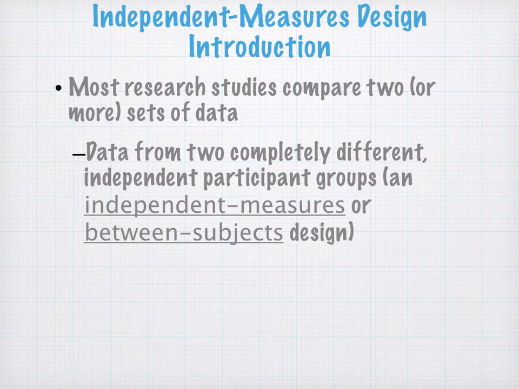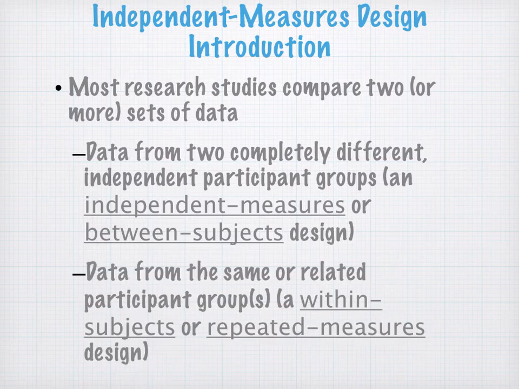Your experimental group and your control group are the perfect example, where they are two separate groups of individuals. So you may have 20 participants in your control group and a separate 20 participants in your experimental group. And then we can use the independent groups or independent measures t-test to compare those two groups.